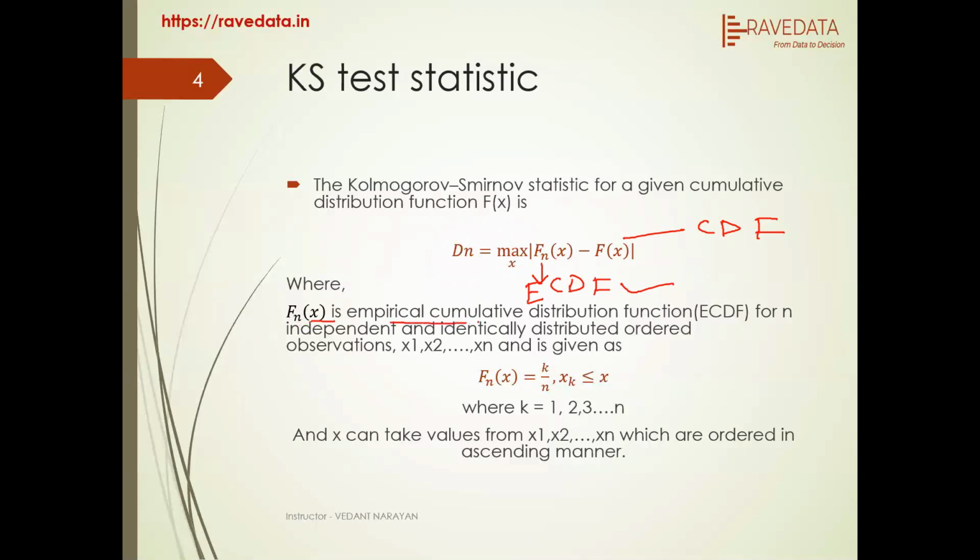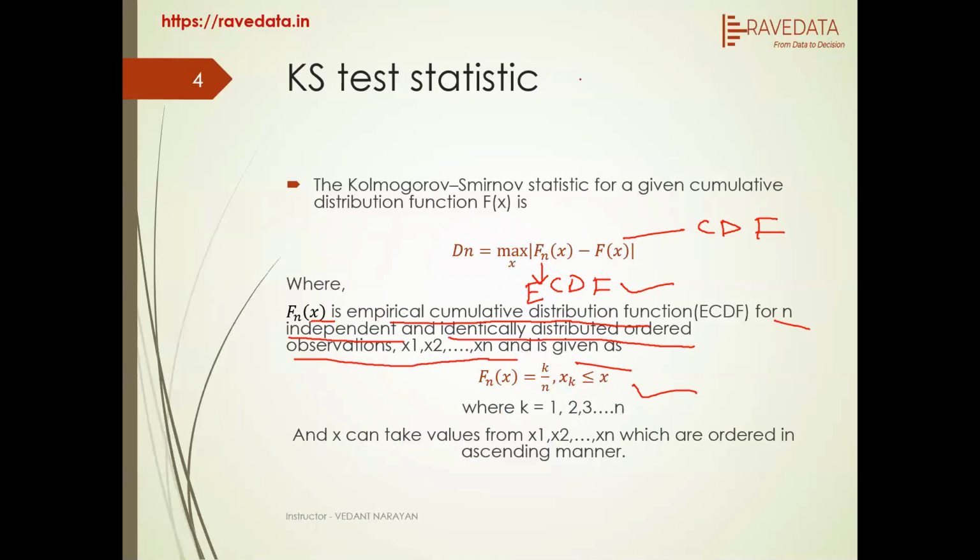Fn(x) is the empirical cumulative distribution function for independent and identically distributed ordered observations x1, x2, ..., xn, and is given as Fn(x) = k/n, where k is equal to 1, 2, 3, ..., n.